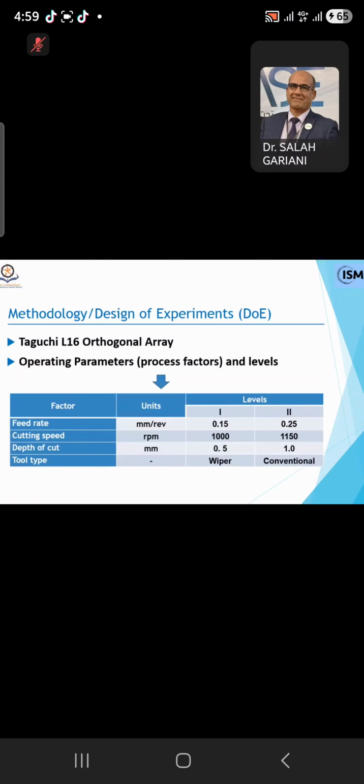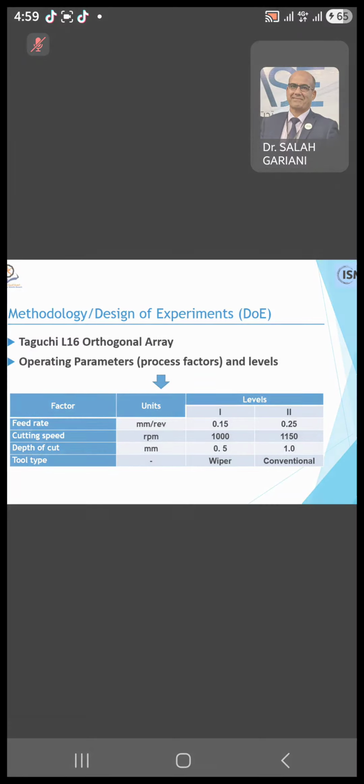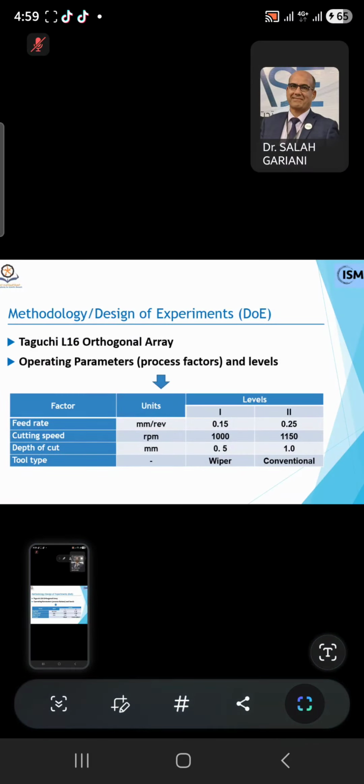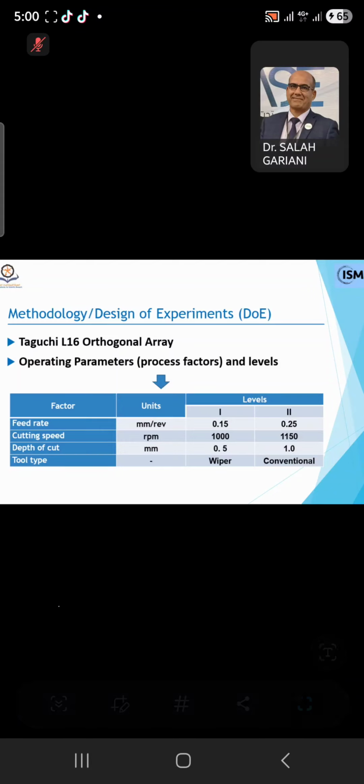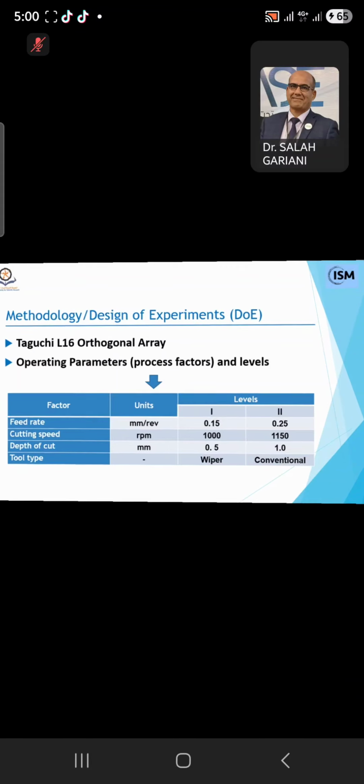All of them have two levels: feed rate 0.15 and 0.25, rotational cutting speed 1000 and 1150, depth of cut 0.5 and 1 millimeter, and tool geometry or tool type is wiper and conventional.